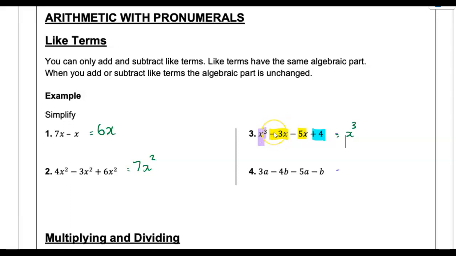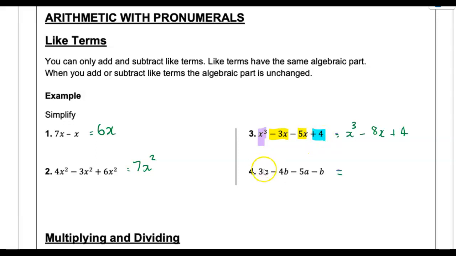So we're not just looking at 3, we're looking at minus 3x and minus 5x. So you could use your calculator if you're not good with negative numbers, but we've got minus 3 lots of x, and we're taking off 5 more of those x's, so we're going to have minus 8 lots of x. And that plus 4, we can't forget that, but it doesn't have any other numbers to add to, so we're just going to add plus 4 on at the end there like that, and that's our answer.